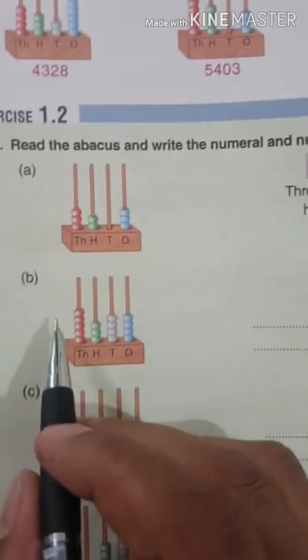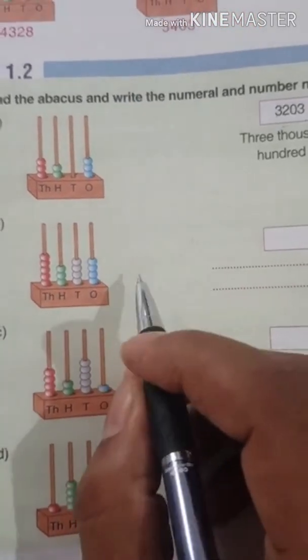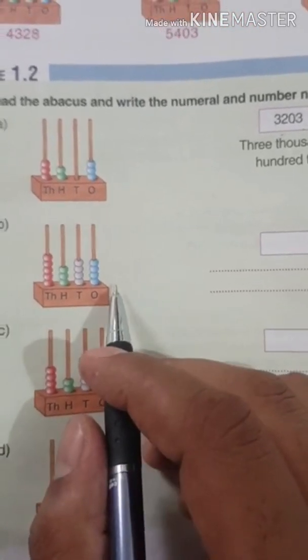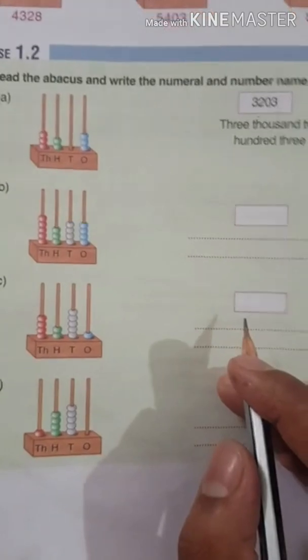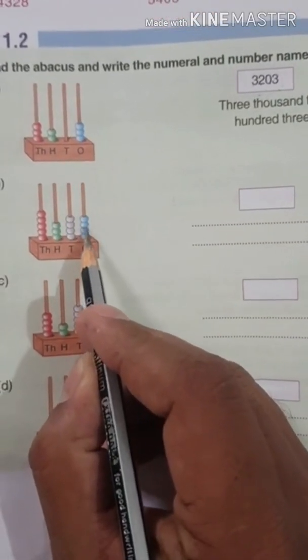Okay, next one, B. How many beads are there in the ones column? 1, 2, 3, 4 beads are there. So we write 4. And in the tens column, how many beads are there? 1, 2, 3, 4.